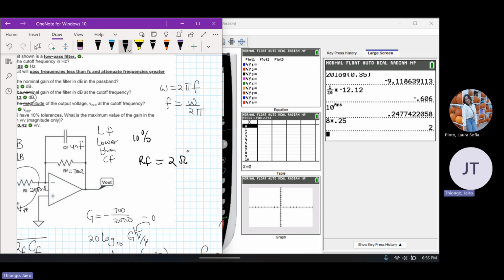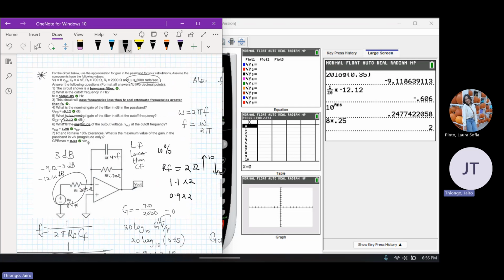It can go as high with 10% and as low with 10%, so it can vary within a 10% difference. So 10% difference would be 0.11 times 2. Is it? No. It's 1.1 times 2 to find the higher bound, and 0.9 times 2 to find the lower bound.